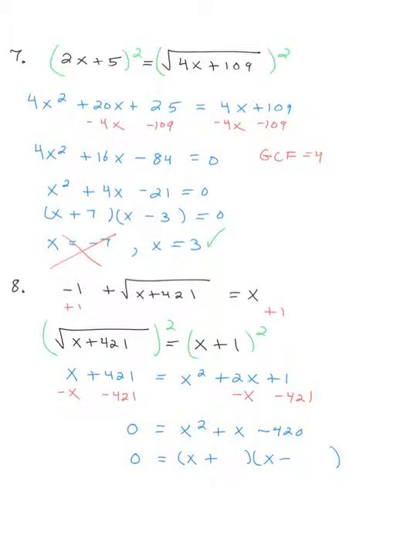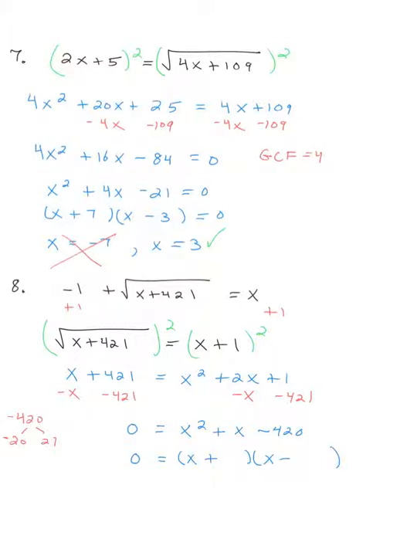So let's see, 420. 420, if you just think about that number itself, is divisible by 20, and the result is 21. So if I happen to put a negative on the 20, the product would be negative 420, yet if I add negative 20 and 21, that would give me a positive 1. Those are exactly the two numbers I would like.